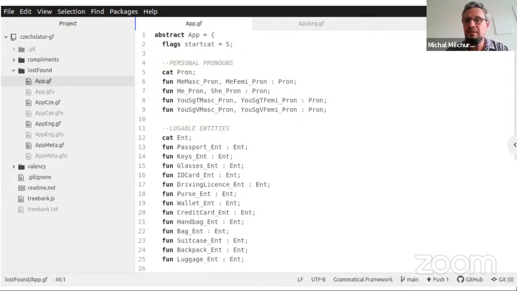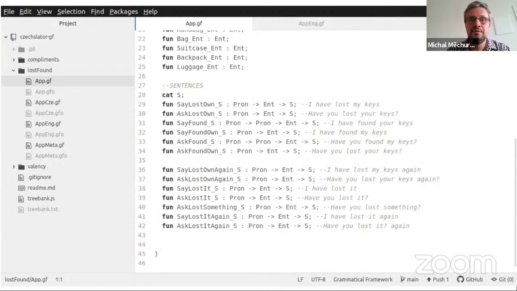So this would be the abstract grammar of that. So you see the list of sentences, you see the list of entities that the grammar thinks people can lose or find. Then further down, you have the actual sentence templates. So these are the templates for sentences like, I have lost my keys, have you lost your keys, I have found your keys, and so on.